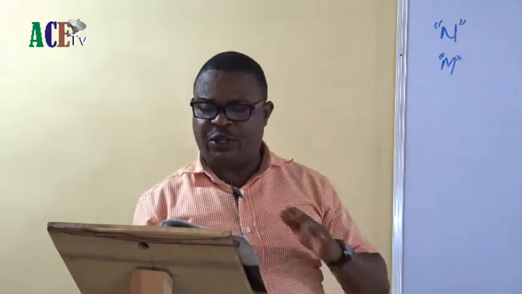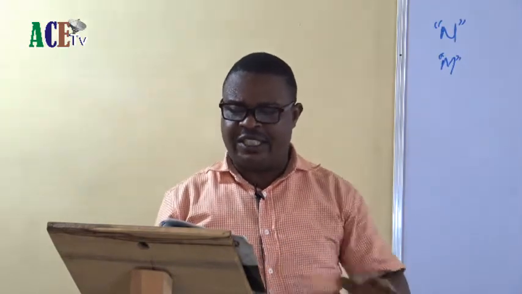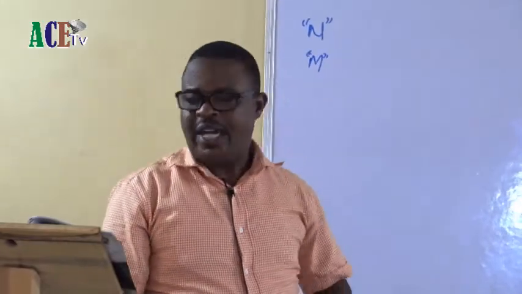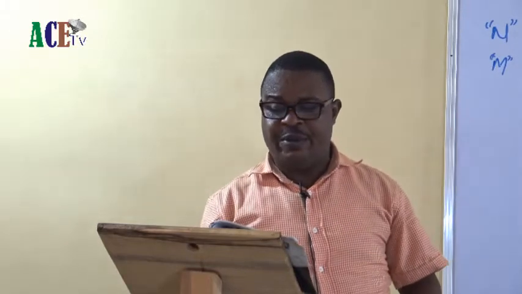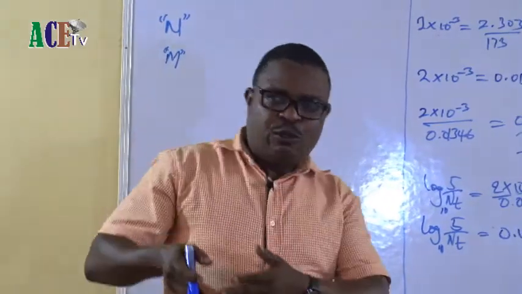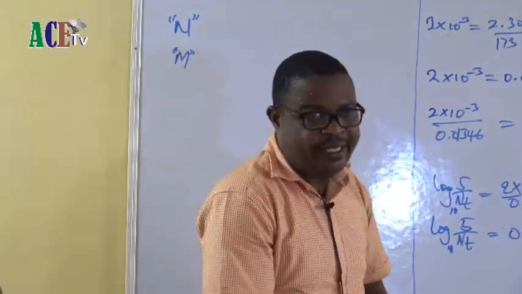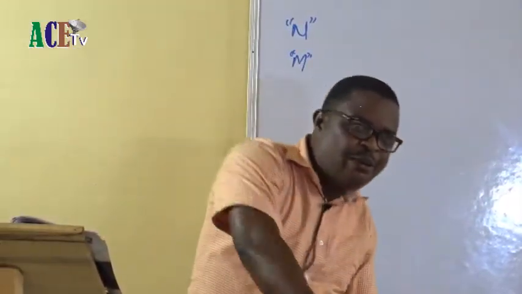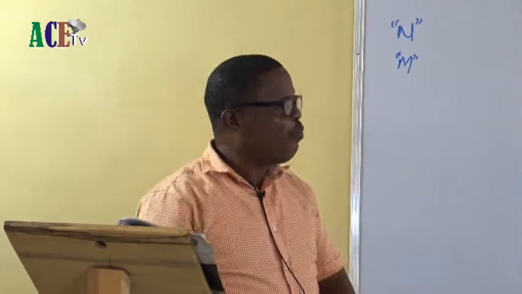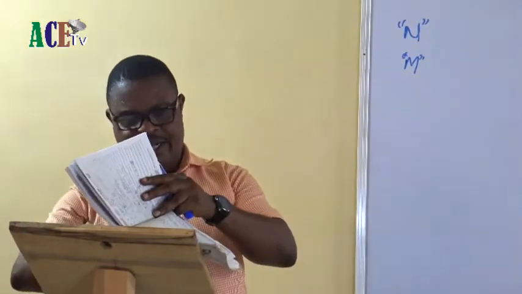The reason simply means that half-life for a particular nuclide element is constant regardless of the disintegrating amount. 50 gram is for element N, 25 gram is also for element N, so their half-life is constant. But when you replace with another element, definitely the half-life will be different. So that is the reason why that has happened.